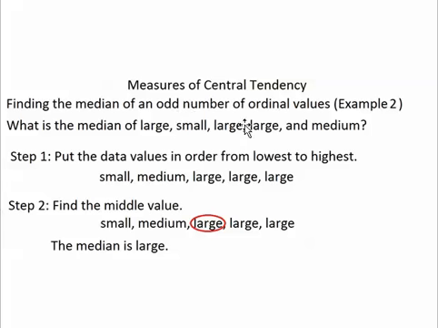Remember before when we had an even number of numbers, we would find the mean of the 2 middle values to get the median? You can't do that when you have ordinal data. So if you recorded an even number of ordinal values, you're stuck with 2 values in the middle, and you can't find the mean of those 2 values. That's why you can't find the median of an even number of ordinal values.